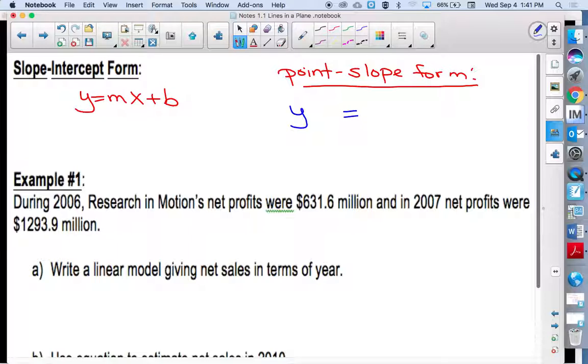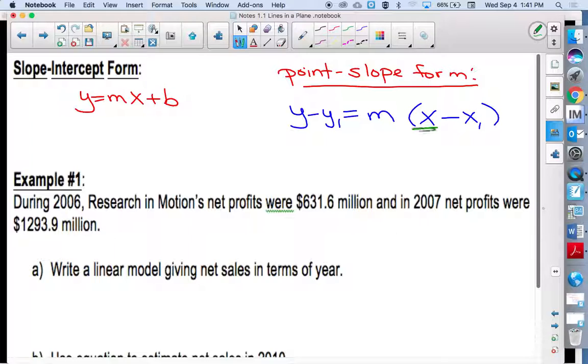Is it y2 plus y1? Not quite. Abby. These are all like close. It's y minus y1. This is the variable that remains in the problem. The y1 represents the point you're going to use. And then m, x minus x1.